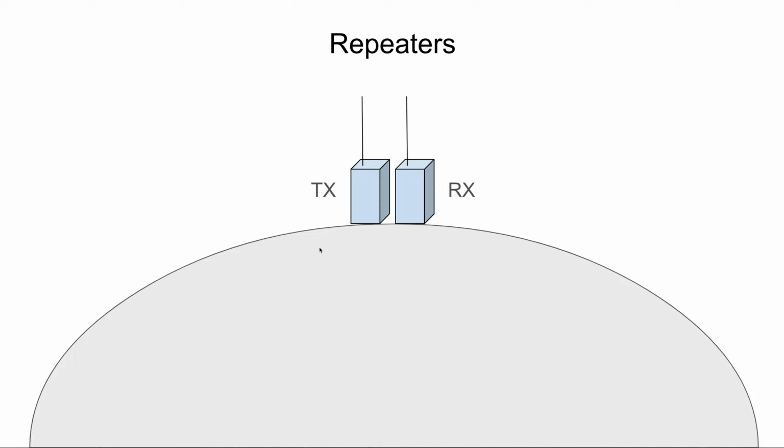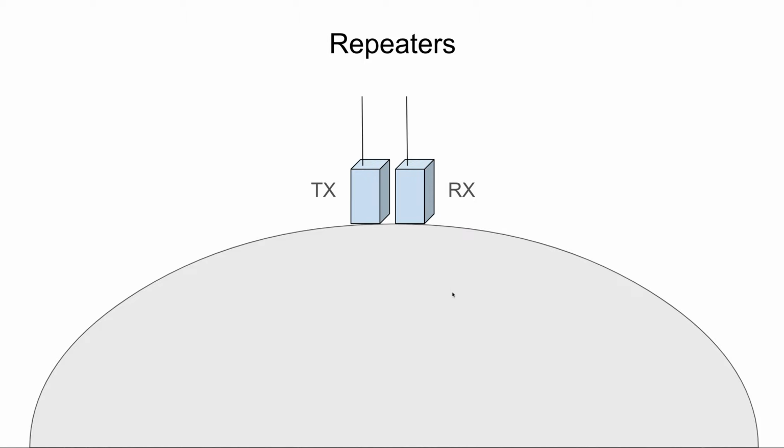But you can't have it listen and broadcast at the same time on the same frequency, because it'll cause a collision. And also, the RX side might mistakenly listen to the TX side and rebroadcast itself. So that would cause a loop.